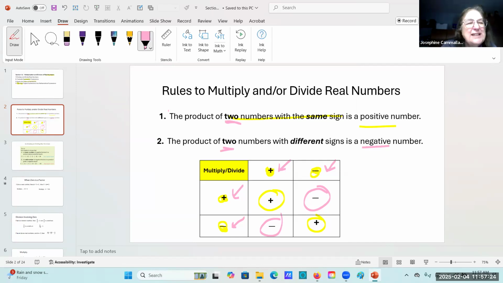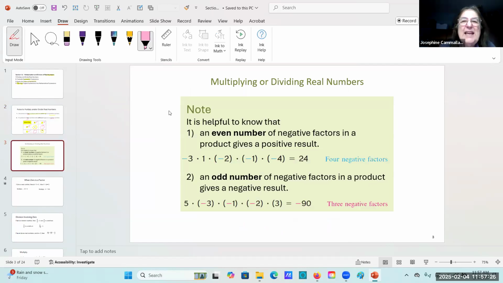But it's not going to be that easy. You gotta remember this rule also. If you have an even number of negative signs, which means you're going to have to count in this string of factors. If you have four negative signs, and that's this one, this one, this one, and this one, your answer's positive.